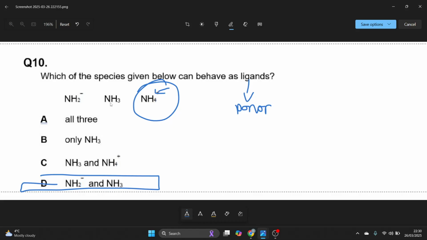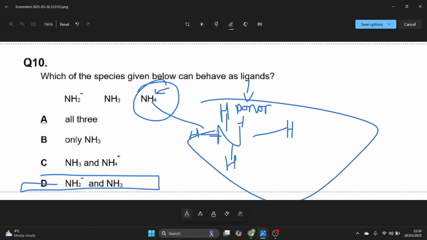With the NH4 plus, think about it: nitrogen, positive charge, this is also called the ammonium ion. Where's the lone pair of electrons? It doesn't have it. NH3 though, it does. And NH2 minus does, so therefore NH2 minus and NH3 can behave as ligands.